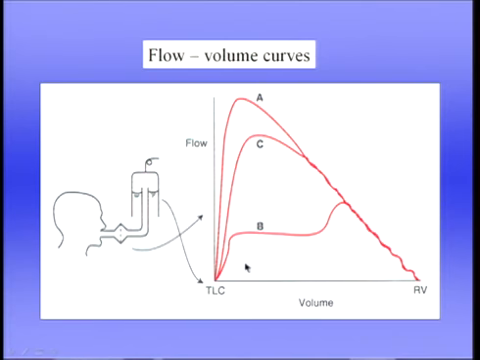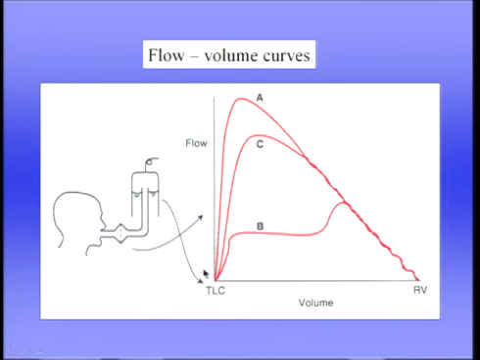For example, suppose we ask somebody to take in a full breath, and then we ask him not to make a maximal expiration, but to breathe out at a relatively high degree of effort, but not maximal. Then what we find is curve C here. The flow rate increases, of course, but not so much because he's not trying so hard to breathe out. But during most of the curve, the flow rate travels down exactly the same path.